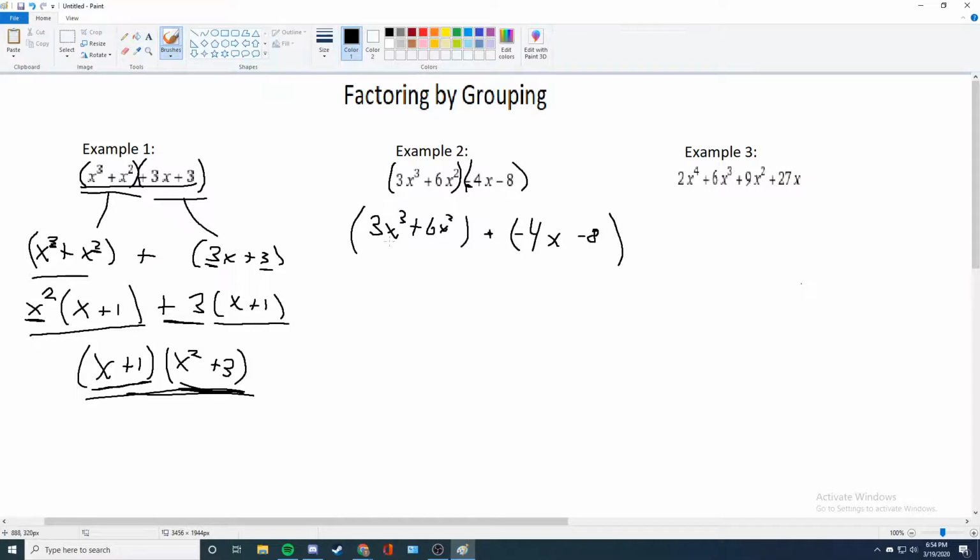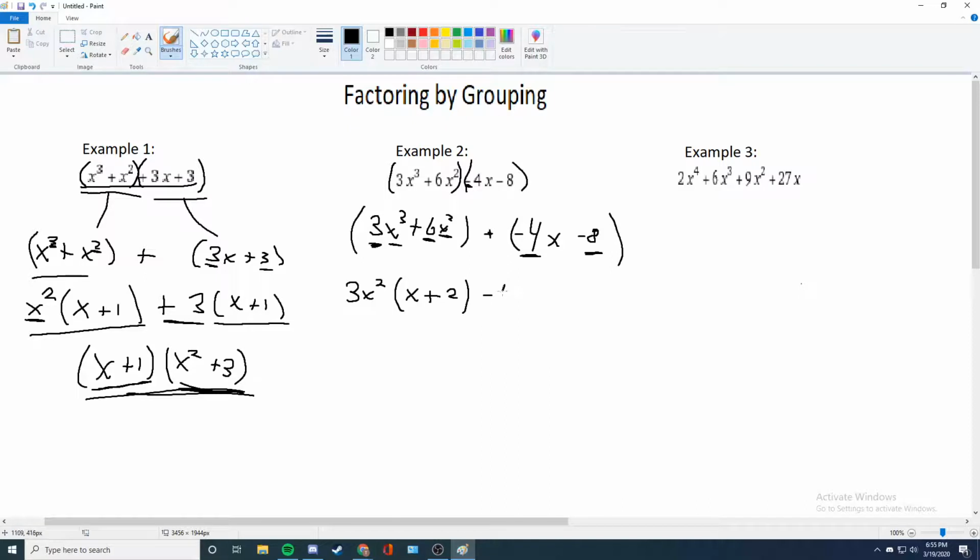So now we'll get into the factoring again. Both of these terms have a factor of 3 and a factor of x squared, so we'll pull that entire term out. It leaves us with x plus 2 on the inside. And now for this one, we have a negative 4x and a negative 8, both of which share a negative 4.